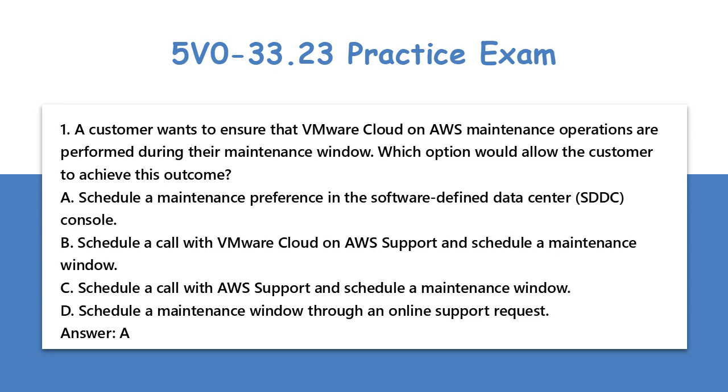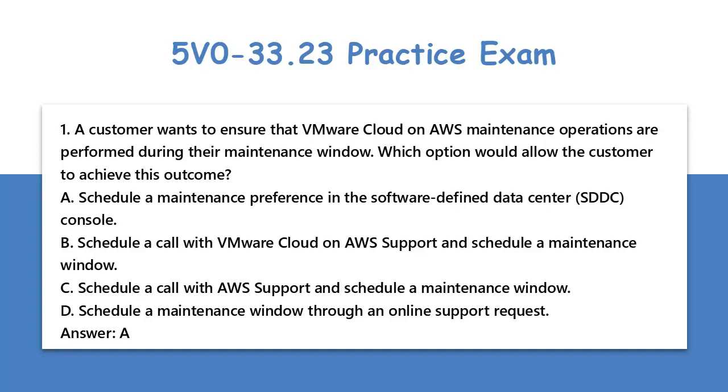1. A customer wants to ensure that VMware Cloud on AWS maintenance operations are performed during their maintenance window. Which option would allow the customer to achieve this outcome? A. Schedule a maintenance preference in the Software-Defined Data Center (SDDC) console.